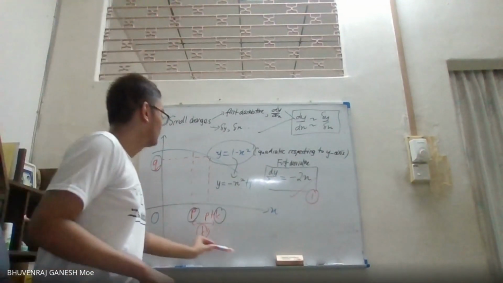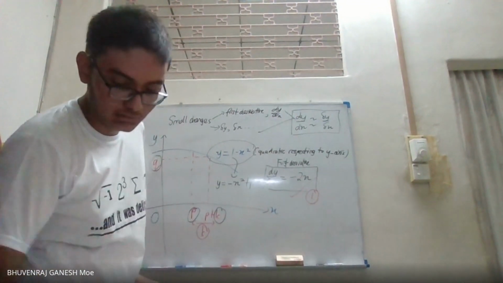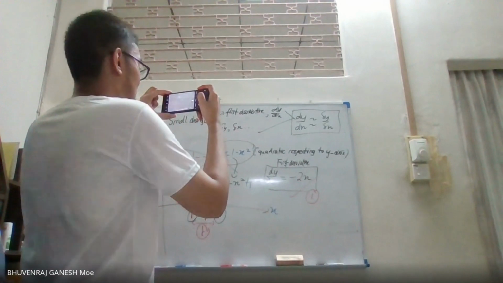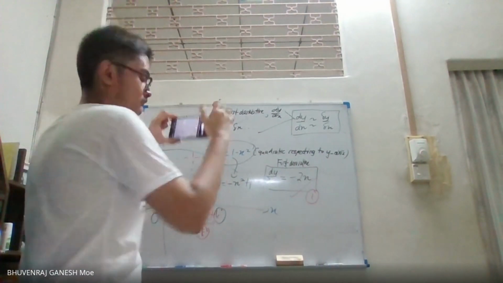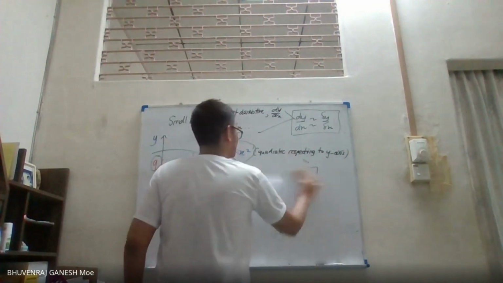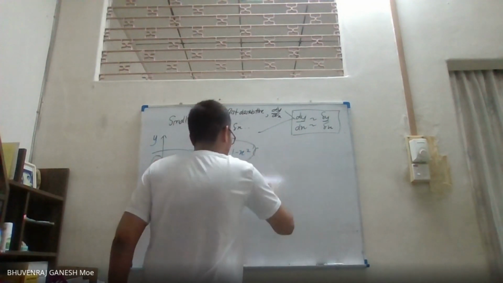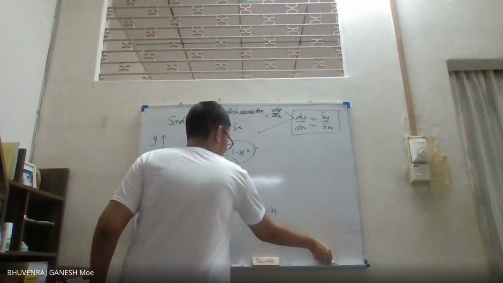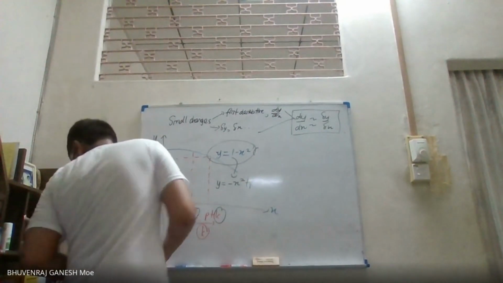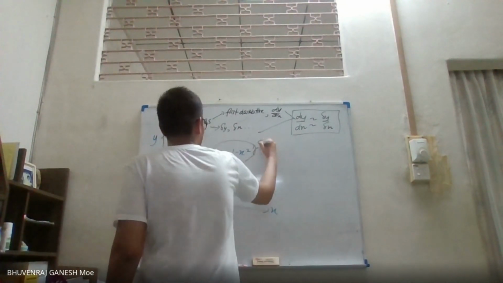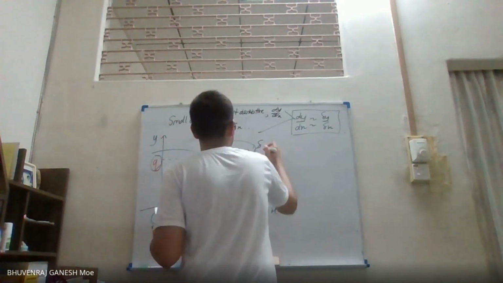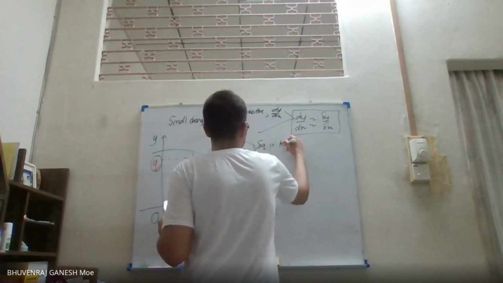Now the question comes, how are we going to apply the approximation knowledge to this graph? From here, you have to make an assumption. The assumption is delta y, in terms of the approximate value of q in terms of p and k.